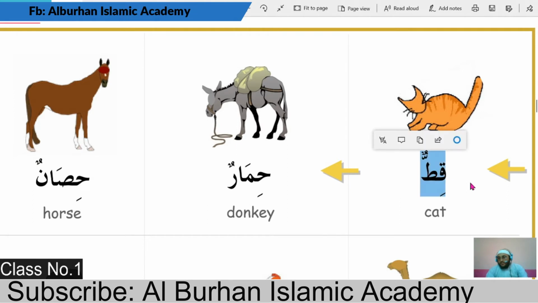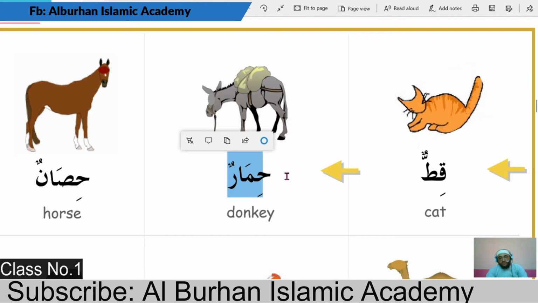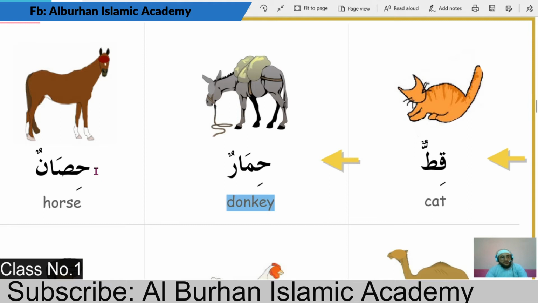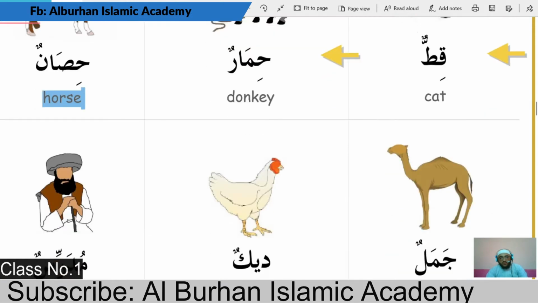قط used for cat. Next, حمار. حمار used for donkey. Next, حصان. حصان used for horse.